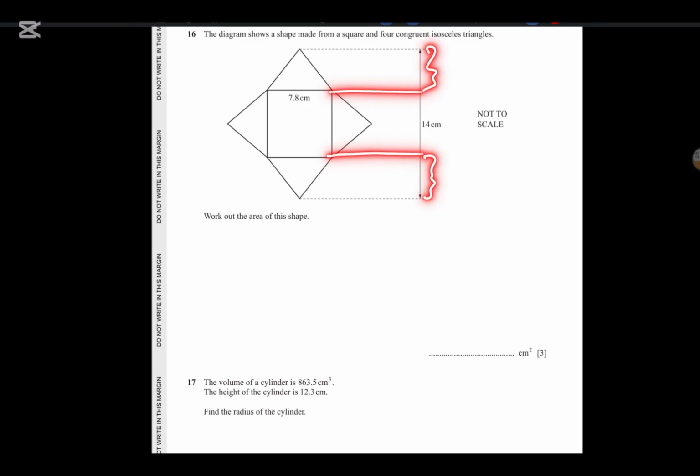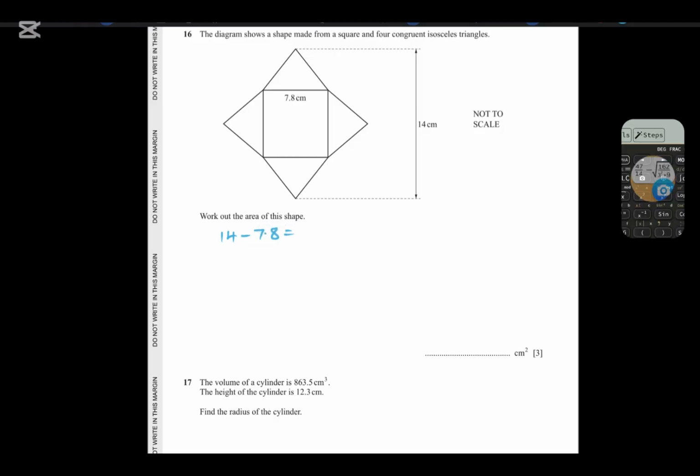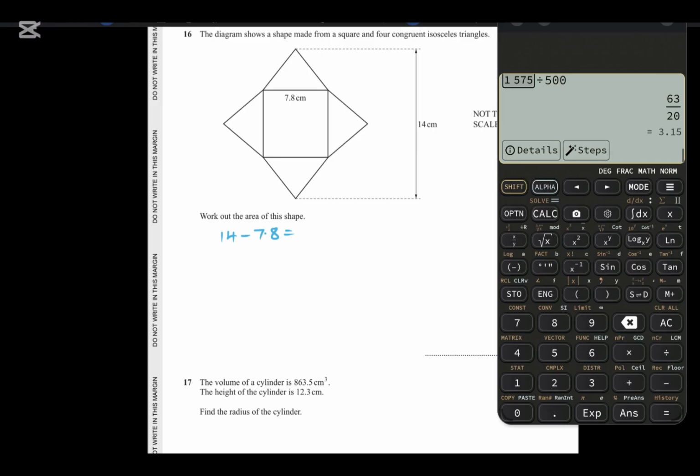But after subtracting, I get these two values together. So I have to divide that with 2. Okay. So just do 14 minus 7.8, and whatever answer you get, you have to divide by 2 to get the height of each triangle.